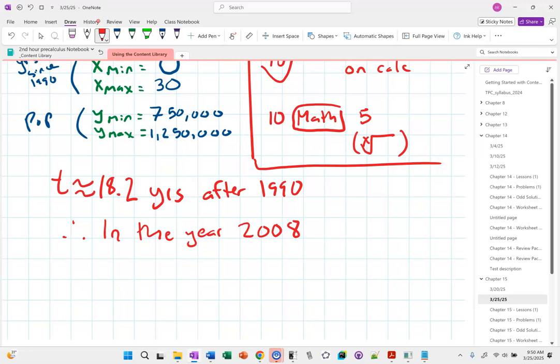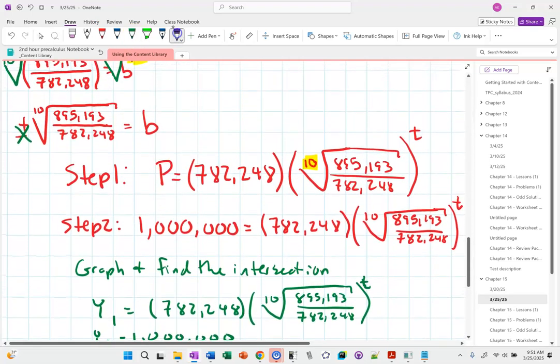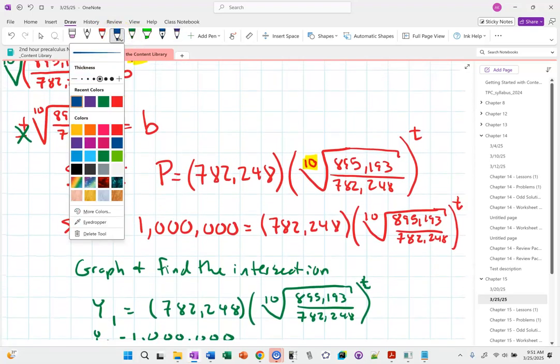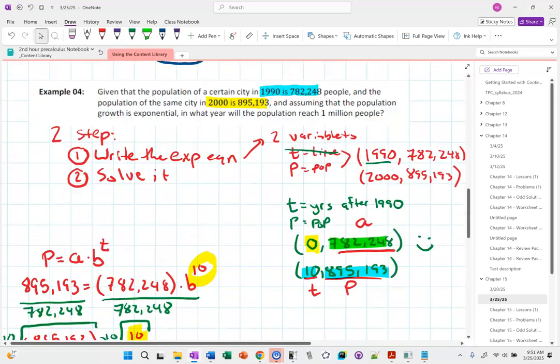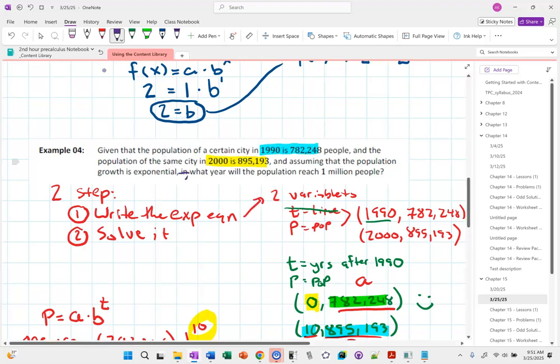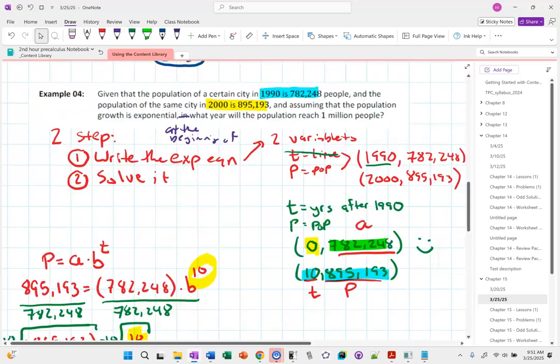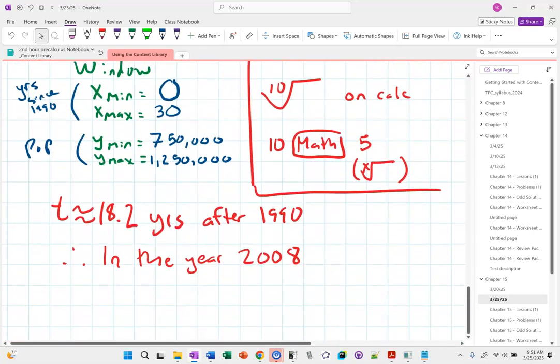Everybody's okay? What if the question had instead said, at the beginning of what year will the population reach 1 million people? How would I have answered it then?